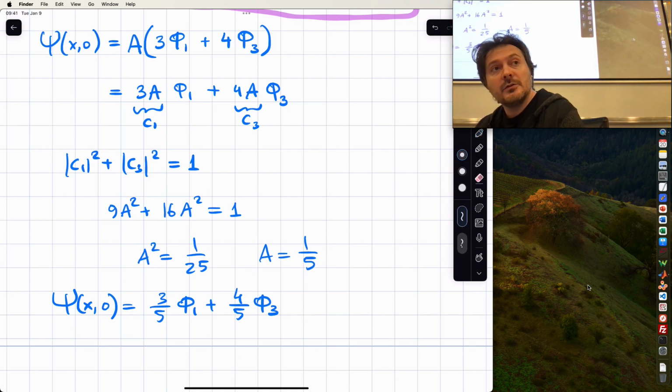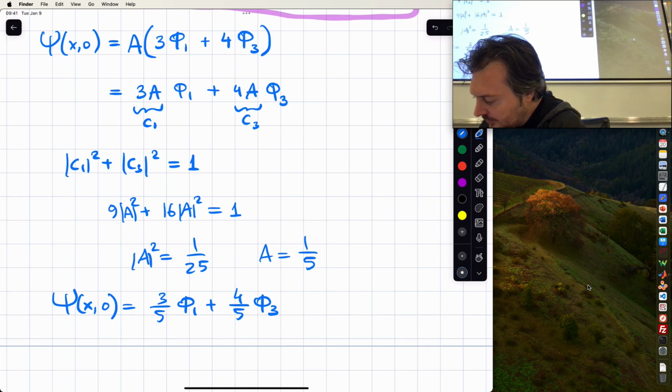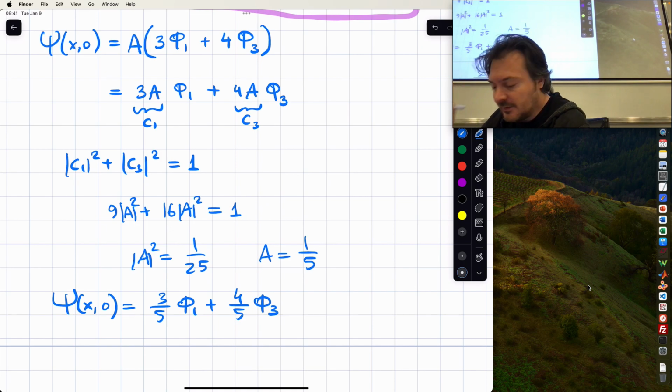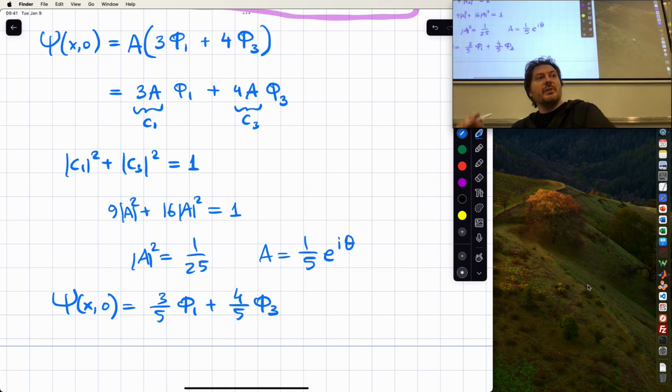So in this course, indeed this is absolute value squared. You are still right in a sense that this could be e to the i theta. You can put there any e to the i theta you want, but we are not putting it there.